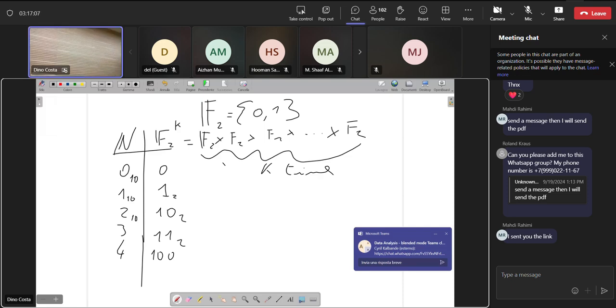And we use the standard notation that goes from left to right. Here are the bits that are less important, and here are the bits that are more important. This is nothing more than 2 raised to 2 times 1 plus 2 raised to 1 times 0 plus 2 raised to 0 times 0, that at the end is 4 in base 10. So one can do this representation.